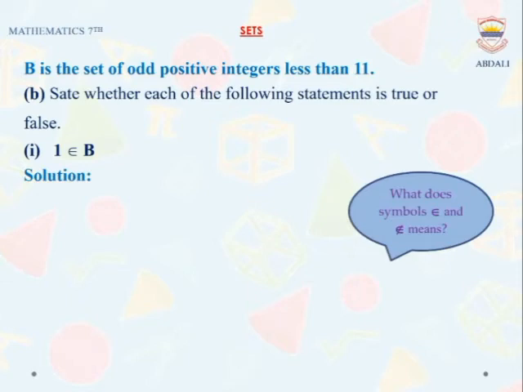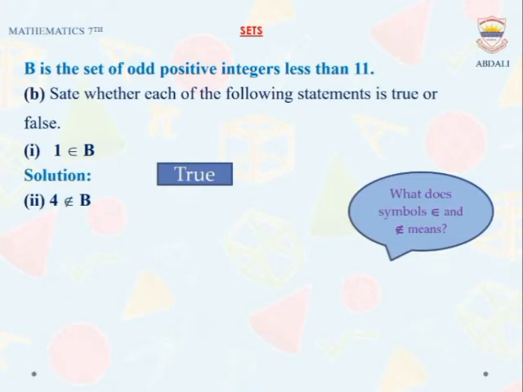So 1 belongs to B. So it is true. Okay. Next part is 4 does not belong to B. So we have to again see our set B, which is a set of odd positive integers.